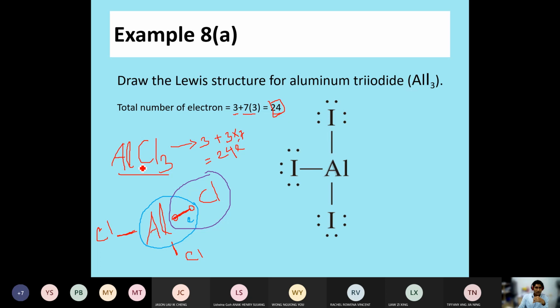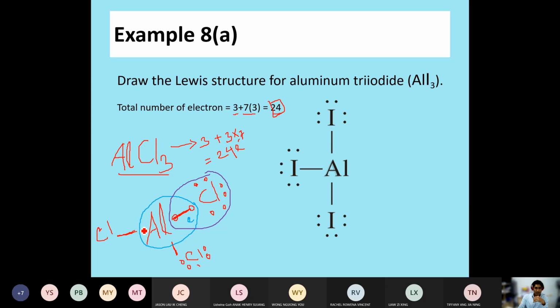Now what we will do is fill up the octet. We will put the rest of the electrons to fill the octet for chlorine. That means there are 2 electrons here already, so another 6 electrons we put around chlorine, and that makes 8 electrons, so this chlorine already has the octet. This chlorine we will do the same thing.